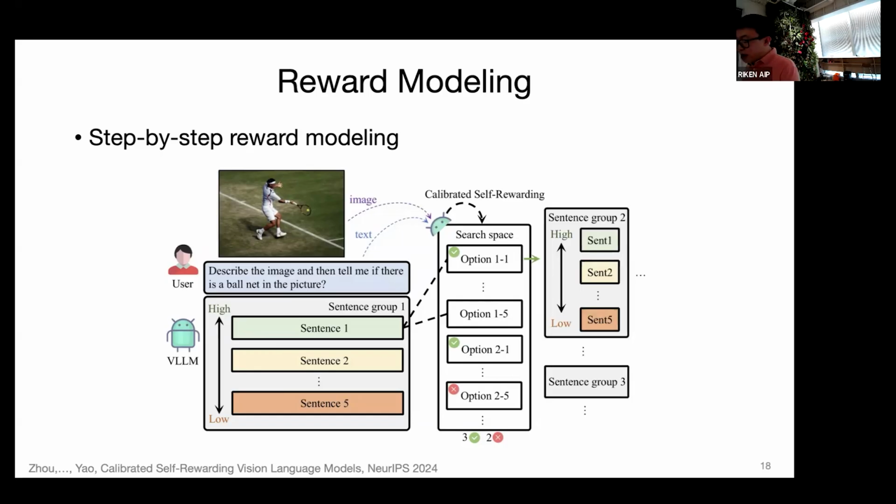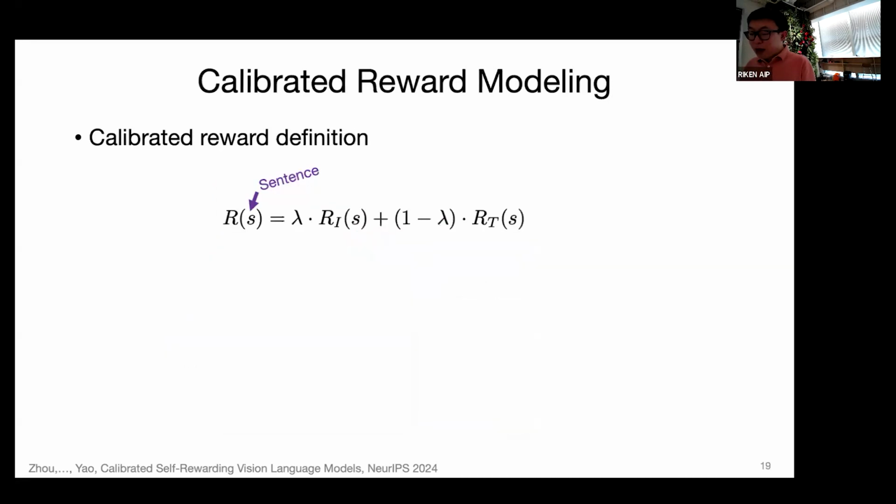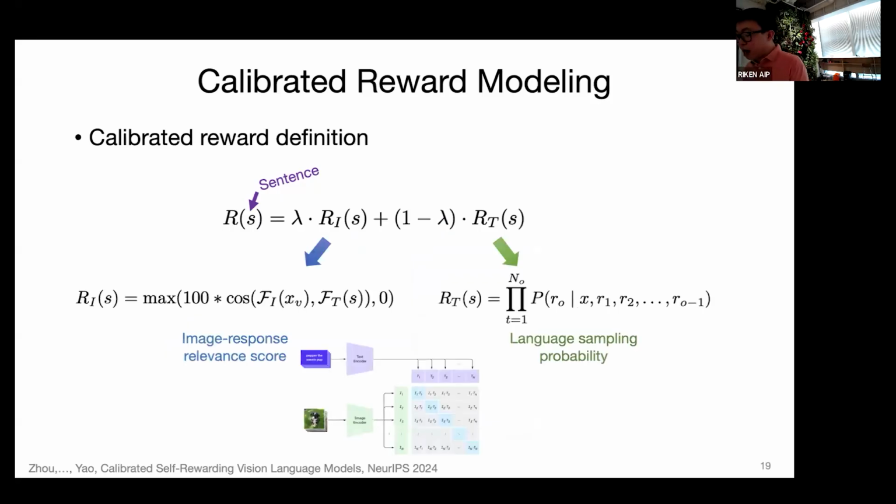Then we leverage the selected ones to generate the second sentences group, then rank it, and iteratively generate and rank at every step. So first we do step-by-step reward modeling, and then we do the calibrated self-rewarding. Basically the model rewards itself and uses RL here.